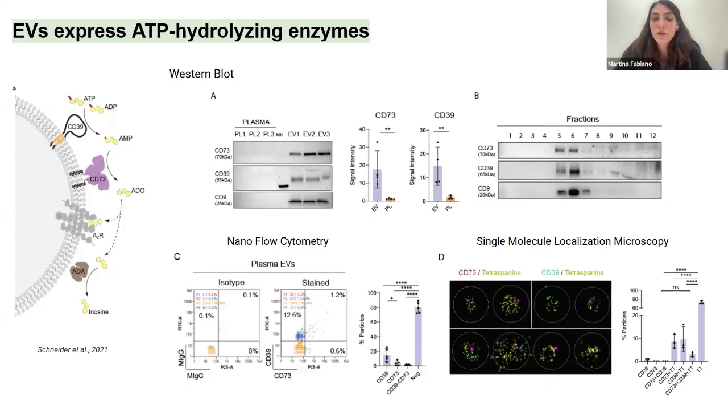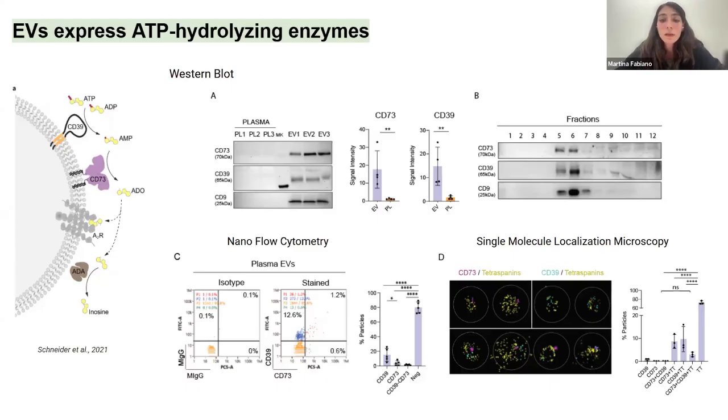After that, we corroborated these results by two single-EV approaches, nanoflow cytometry and single molecule localization microscopy, in which both techniques showed similar results, with 4 different subtypes of EVs. The majority were negative for CD39 and CD73. However, there were 3 populations that were positive.